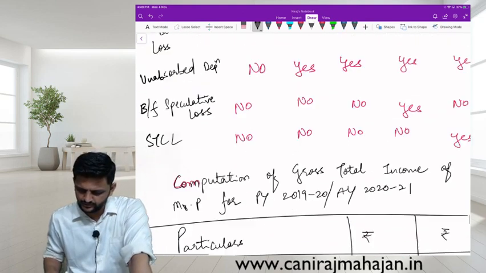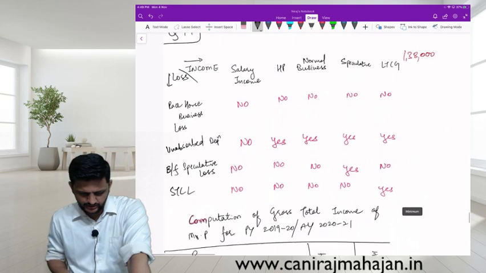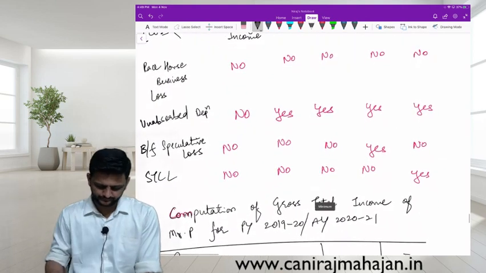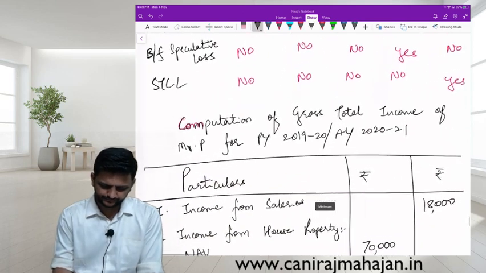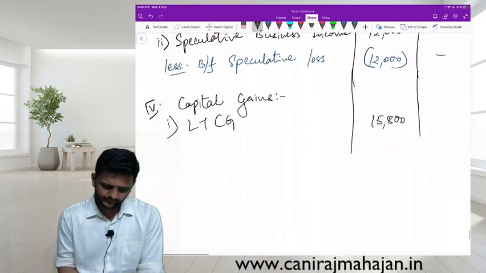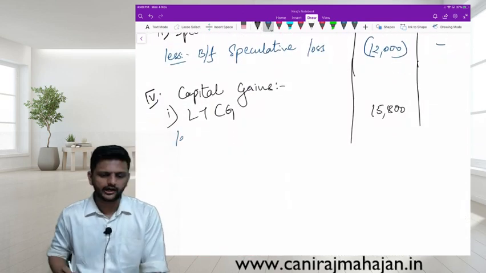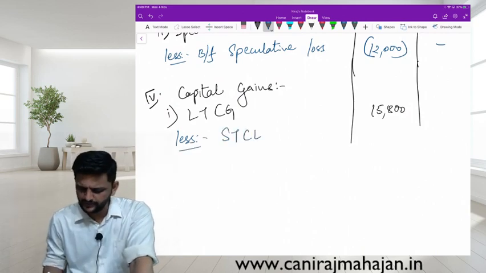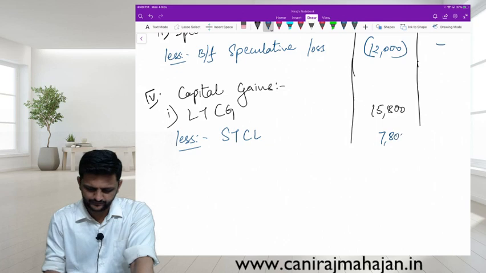What can we reduce from LTCG? Unabsorbed depreciation is gone, so STCL only. Less STCL, how much? 7,800. Balance is 8,000.